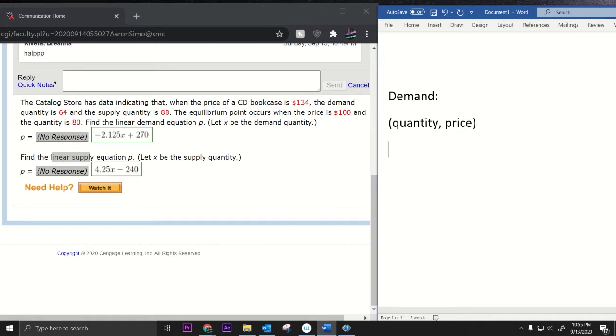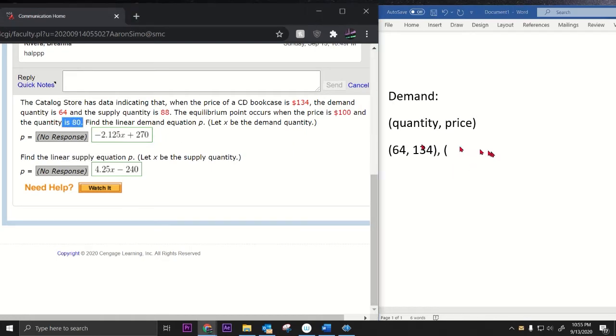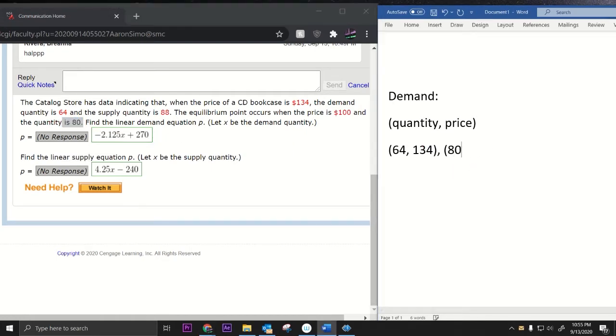We have 1 point given to us: a demand of 64 and a price of 134. The equilibrium point is our second point: a quantity of 80, comma, 100. With those 2 points, we can find the equation.